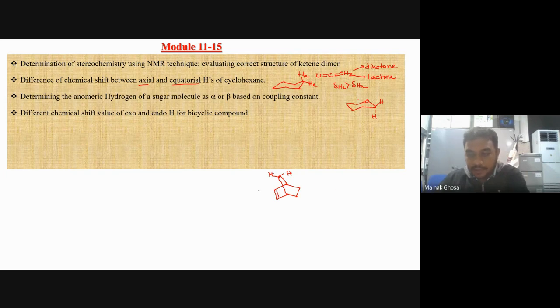So this one compound, so this hydrogen and this hydrogen. One is exo, another is endo. Now, can anyone tell me what is the IUPAC name of this compound?